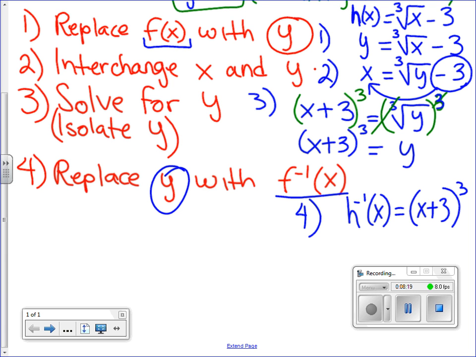And that's it. We are done. Now, what we're going to do in a minute, we're going to get calculators, and then we could verify if you did your steps correctly by graphing both at the same time and seeing that reflection across the y equals x line.